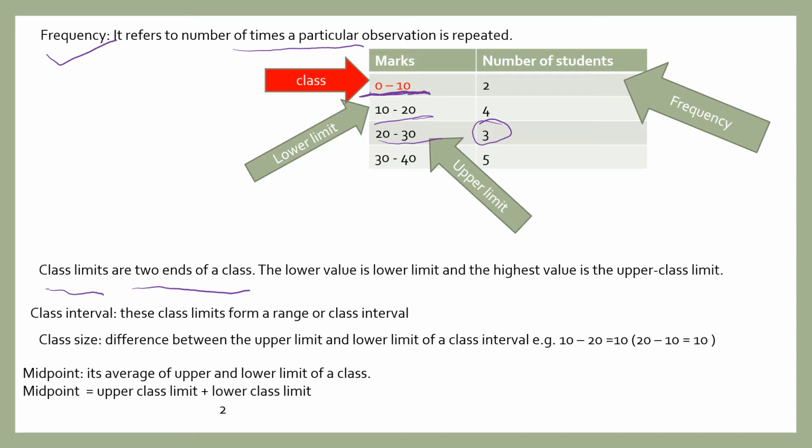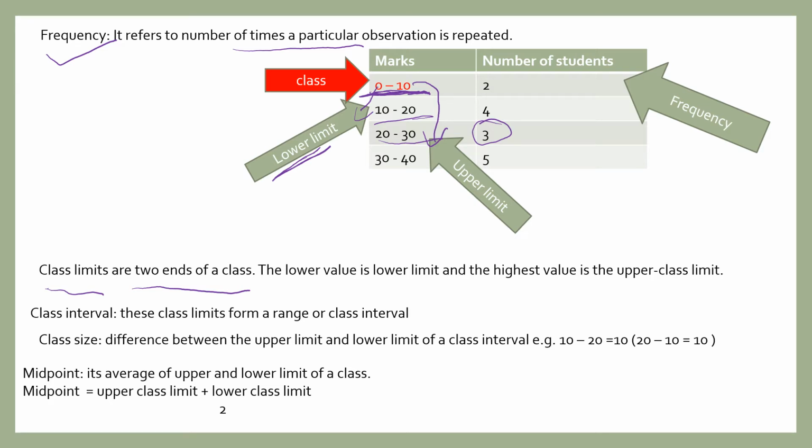You can see in this class, 0 is the lower limit, which has the lowest value, and the highest value we call the upper limit. For example, in the class 0 to 10, 10 is the upper limit. If you consider 10 to 20, 10 is the lower limit, 20 is the upper limit.